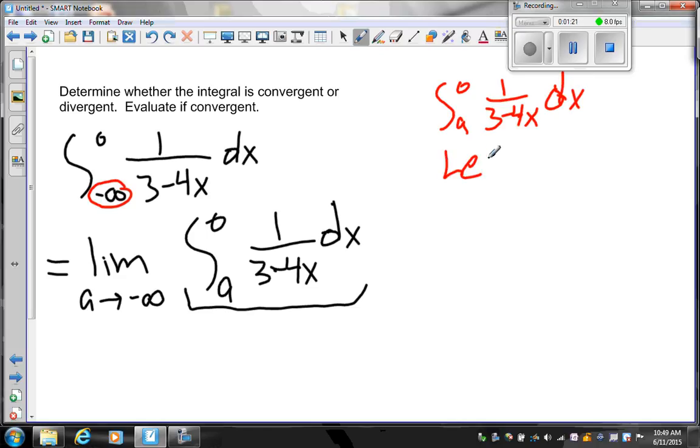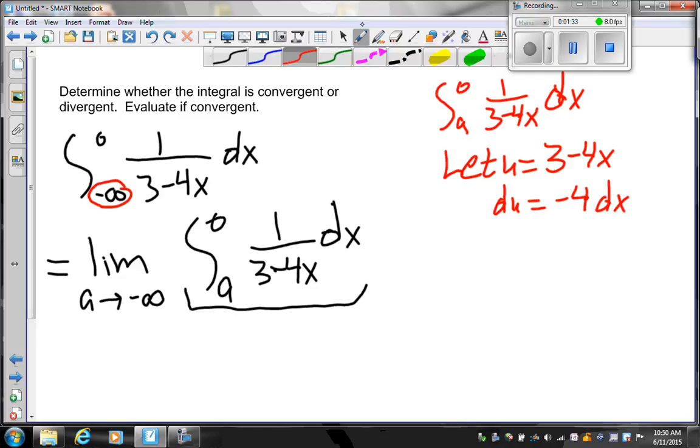We can let u be equal to 3 minus 4x. Then du is negative 4 dx. So notice here we need to multiply by a factor of negative 4 in the numerator, which means we need to divide by negative 4 outside of the integral.